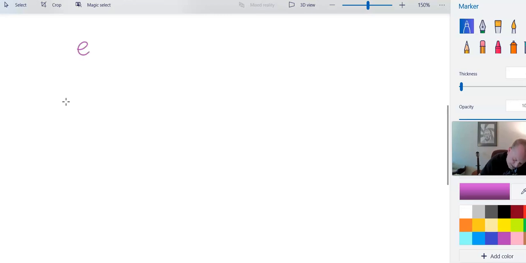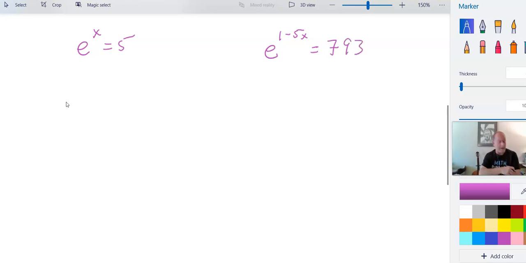We'll do e to the x equals 5. And then the next one, let's put that other one in there now. Okay, so there's 2 to play around with, and see what you can do.